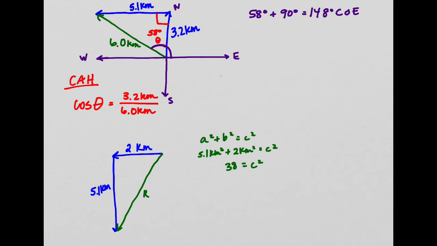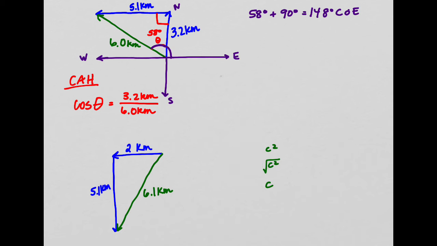Let's do it exactly, actually, because these are exact values. 37.64 equals c squared. Take the square root of both sides. And I get a resultant of 6.1. So now I know the length of my resultant. I know the magnitude is 6.1 kilometers.